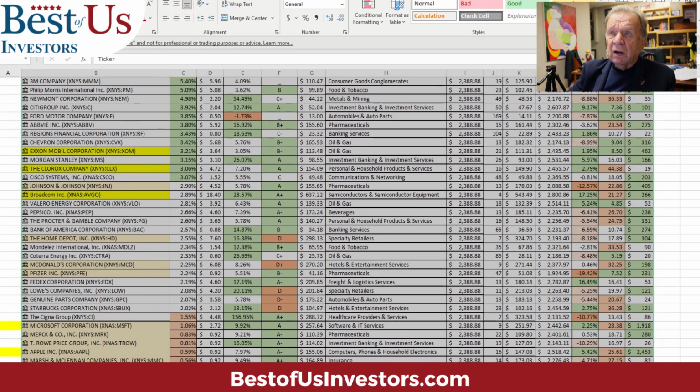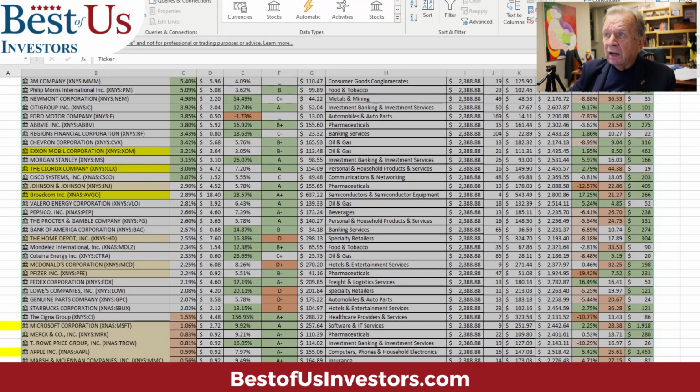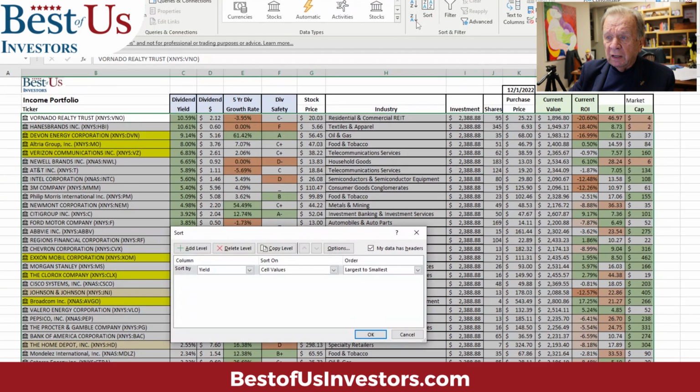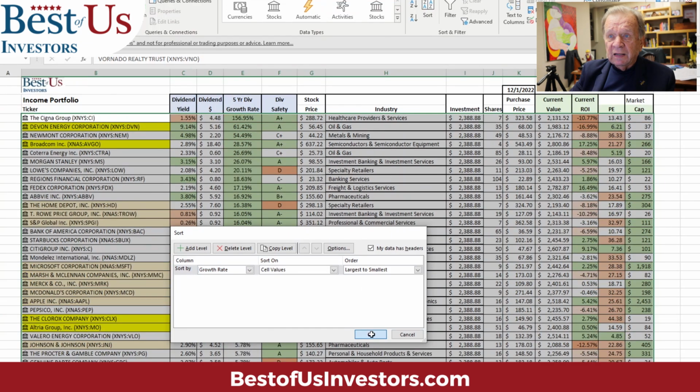Then I come up here and I click data, and then I go to sort. And then what I want to sort, it shows me all my headers. Well, what I want is that 5-year growth rate. So I'm going to click on growth rate, and then they're asking me, do I want the largest to the smallest? Yes, I do. So I click on that, and that gives me that.